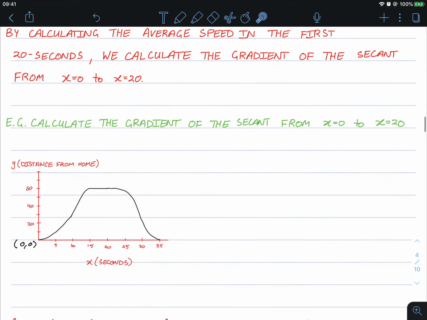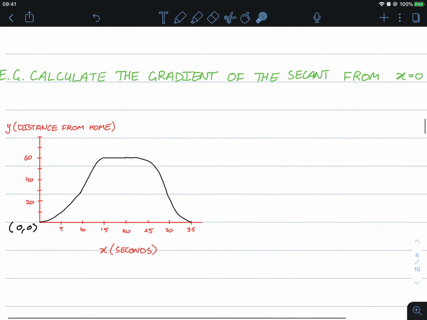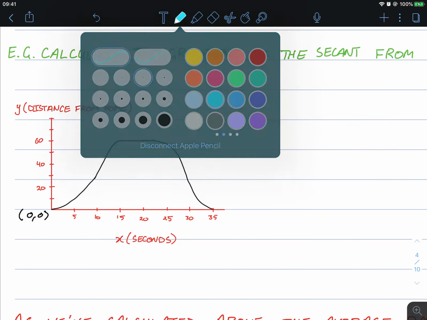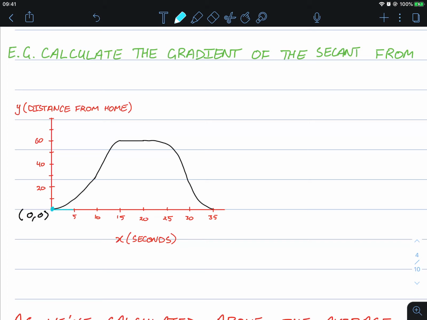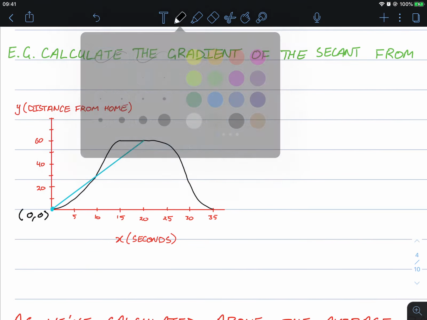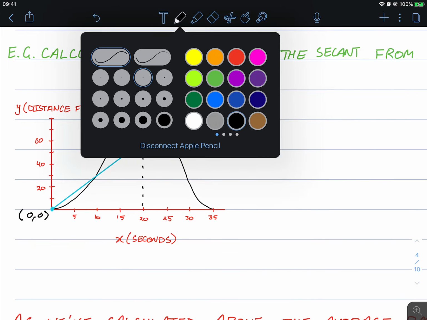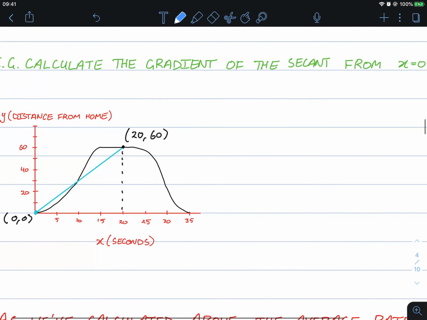So let's do one more example of this. So we're looking at the secant from 0 to 20. So something like that. The function values here are x equals 20 and y equals 60. So you can go ahead, pause the video and calculate this one more time.